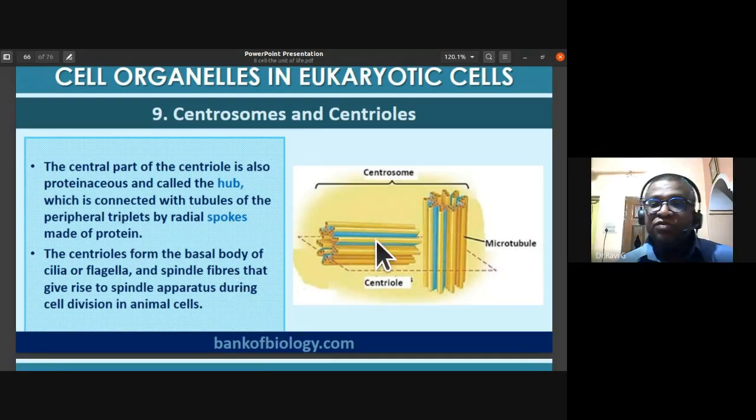The centrioles form the basal body of cilia or flagella. That is also one of the important aspects of this.